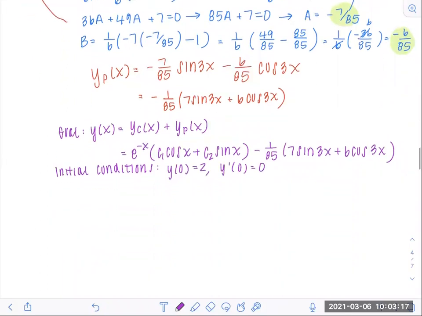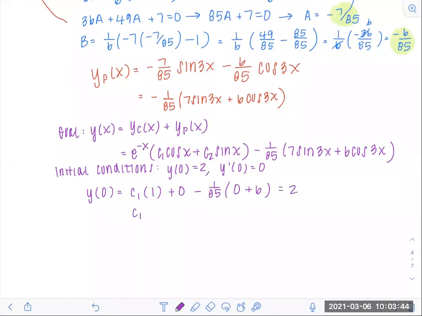We currently have y of x, so let's go ahead and impose that first initial condition. When I plug in 0, all of the sine functions die, and e to the 0 is 1. So what I'm getting here is c1 times cosine of 0, which is 1, plus 0, minus 1/85 of 0 plus 6. And this equals 2.